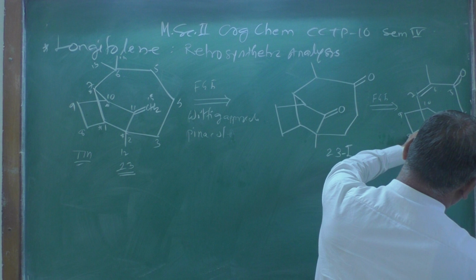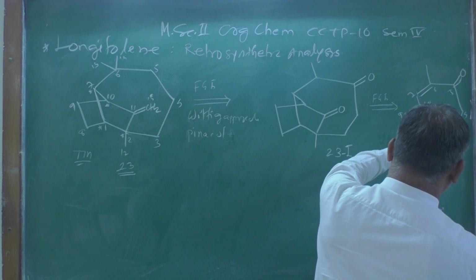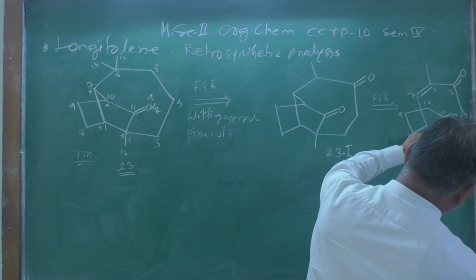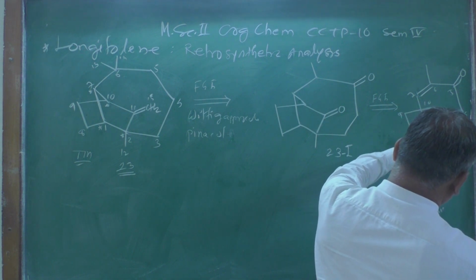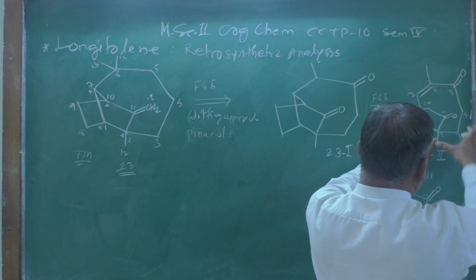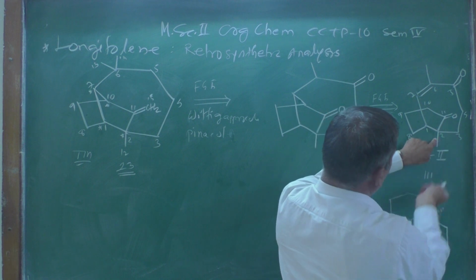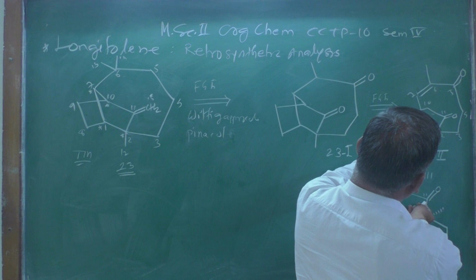unfold this; you can show this ring as it is over here. This is a 7-membered ring: 1 2 3 4 5 6, 7-membered ring. Now look at this ring I have drawn like this. The methyl group which is there, we can call it 11 number.